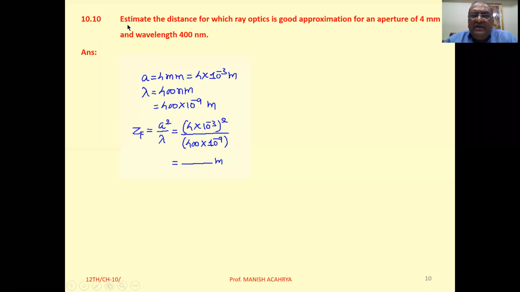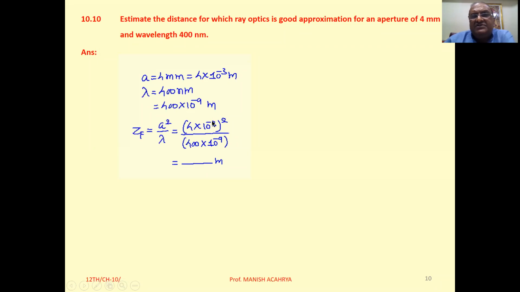Example 10.10. Estimate the distance for which ray optics is good approximation for an aperture of 4 millimeter and wavelength 400 nanometer. Now the size of aperture a, that is given to you 4 millimeter, so that is 4 into 10 raised to minus 3 meter. Lambda, that is 400 nanometer, that is 400 into 10 raised to minus 9 meter.